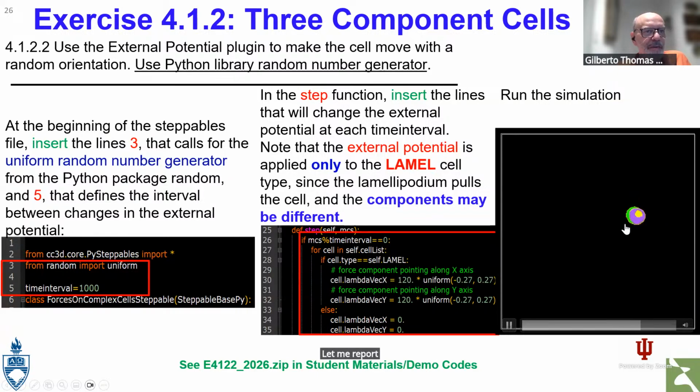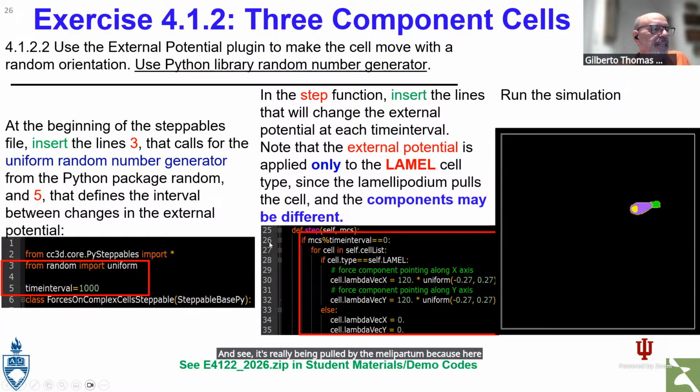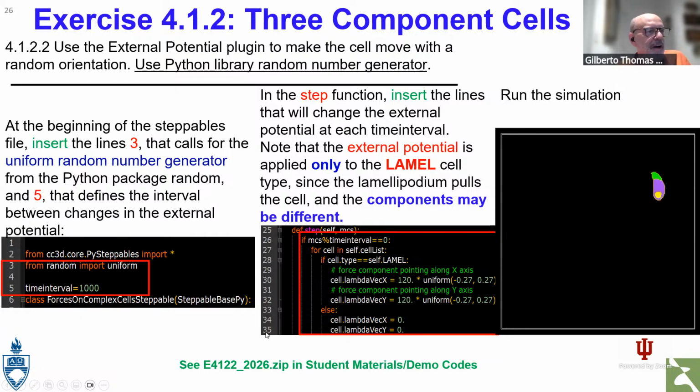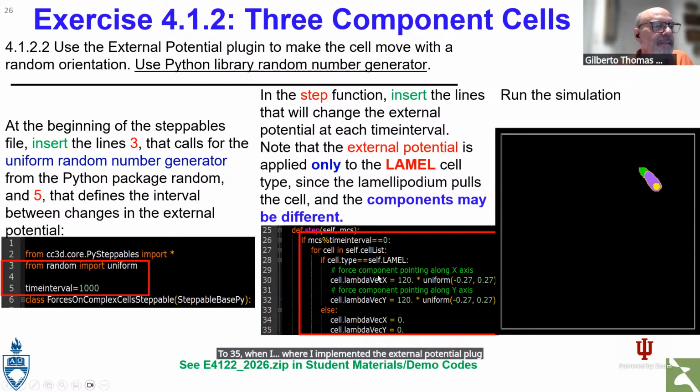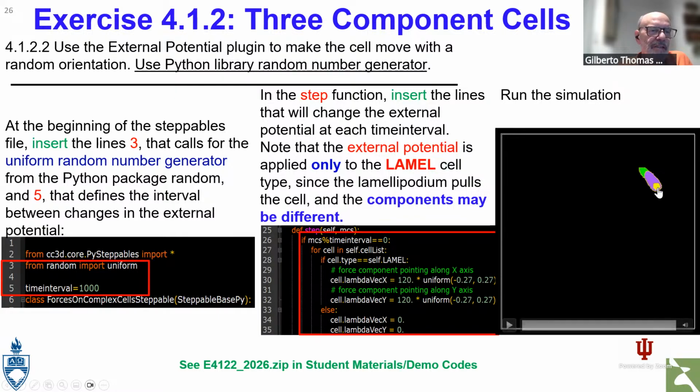And see, it's really being pulled by lamellipodium, because here in lines 26 to 35, where I implemented the external potential plugin, I only implemented force on the lamel, not on the other parts of the cell.